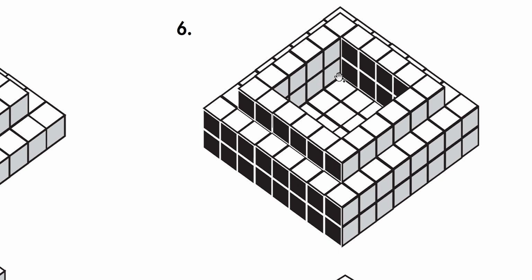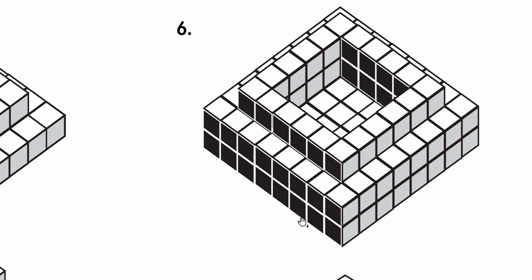Because here if you see, this center part is hollowed out. So you have 1, 2, 3, 4. 4 by 4, one of the cubes is hollowed out. So you have to take that into account. So let me just show you how you can get this done.